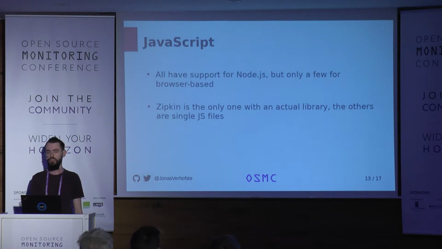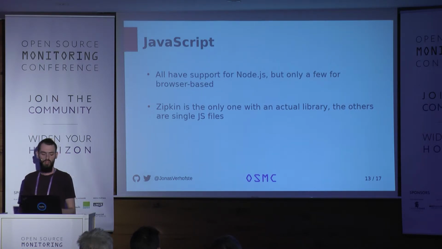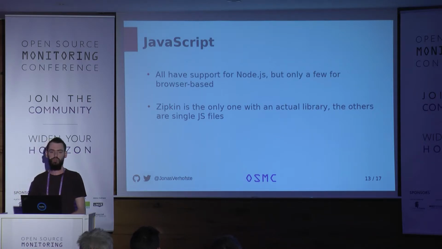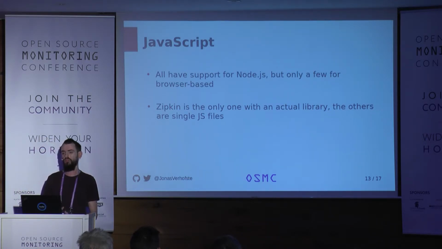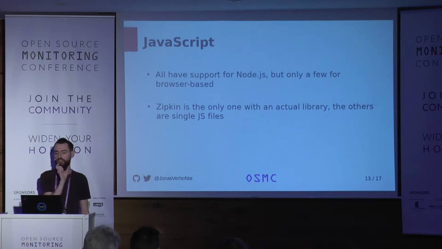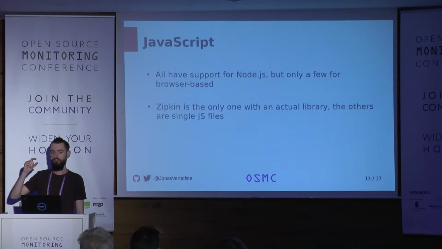JavaScript is a completely different story. There's many implementations for Node.js, but only a few for browser-based tracing. And Zipkin is the actual one with a working library. All the other ones are, so a working library, that I mean you can make your spans yourself in your code.